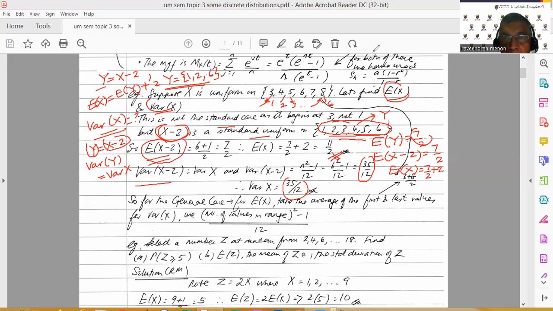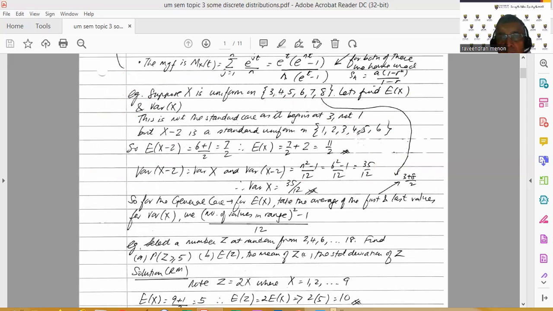I'm going to say that again in case any of you missed it. Let's start slowly. We have y equals x minus 2. Now take note, the variance of y will be equal to the variance of x. From here we can write the variance of y equals the variance of x.